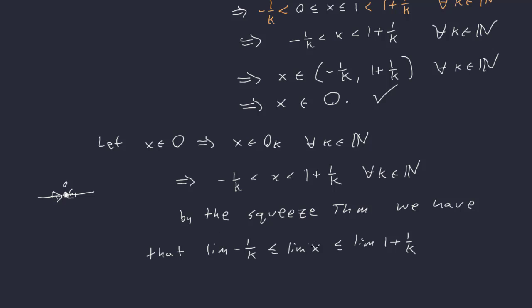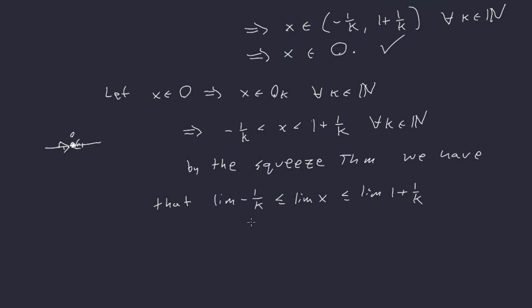Okay, so that's why when you do the squeeze theorem or anything like this, you do need to account for the fact that they may converge to one another. And this implies that essentially 0 is less than or equal to x, which is less than or equal to 1, implying that x is in the closed interval 0 to 1.